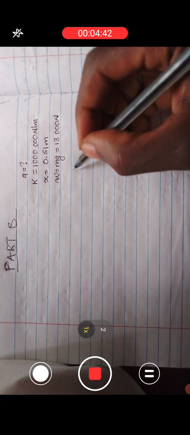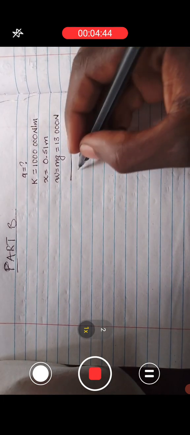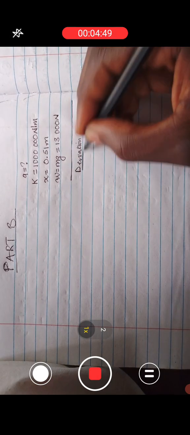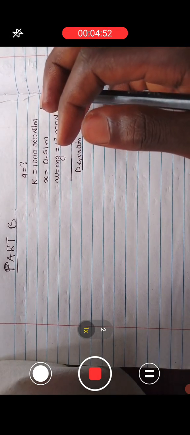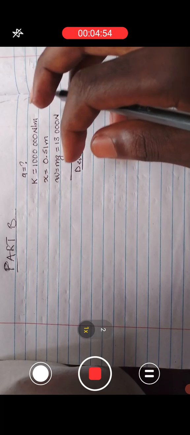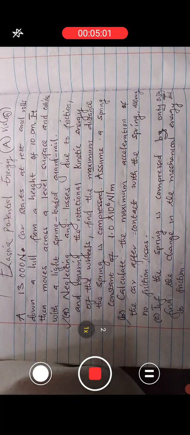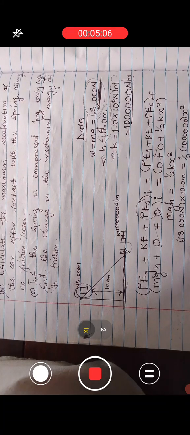Basically, as you can see, we have two forces which act on the spring. Newton's third law of motion states that for every action there is an equal and opposite reaction.